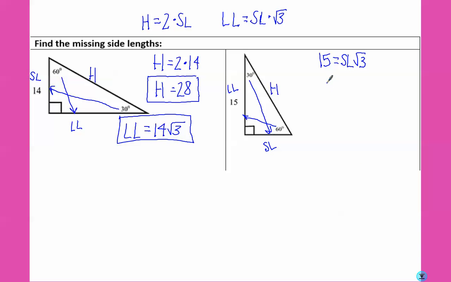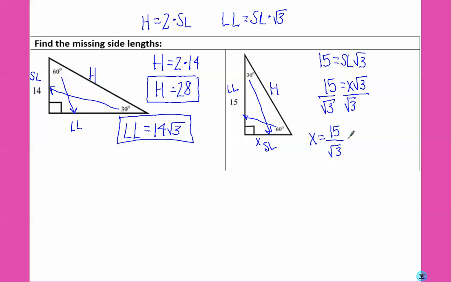To make it easier for solving, I'm just going to put that the short leg is x. To get x by itself, I'm going to have to divide both sides by the square root of 3. X equals 15 over the square root of 3.